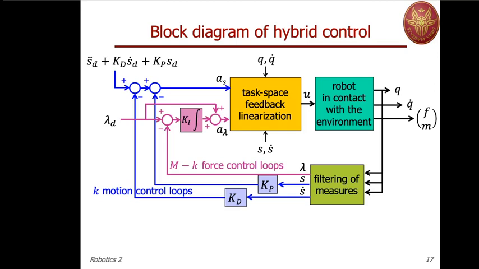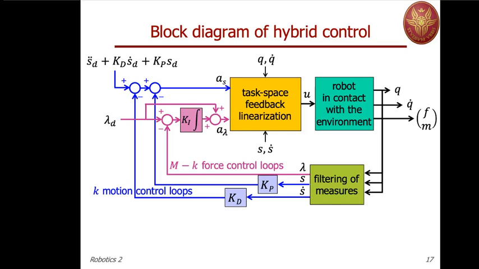On the other side, we will have for the motion input A_S, this will be generated by the desired acceleration of the parameters that describe the feasible motion, and then with the Kp of the error Sd minus S and the derivative term Kd of the first derivative term Sd dot minus S dot.